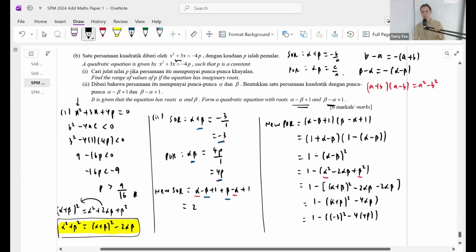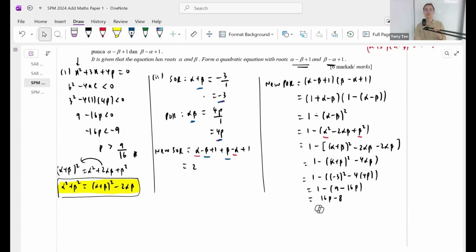There's another bracket outside, so it's a 9 here. 1 minus 9 minus 16p. Expand, you will get positive 16p minus 8. Yeah, 16p minus 8. Okay, we're not done yet. We've done all this to do one thing: form the equation. What's the formula to form the equation?